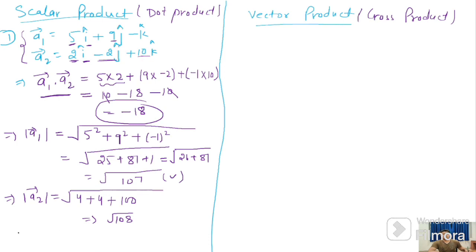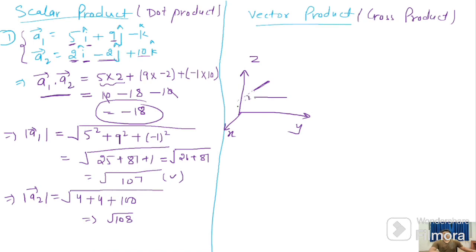If we need to find the angle between these two vectors, which represent x, y, z coordinates, the first vector is like this in the coordinate system and the second vector is this.